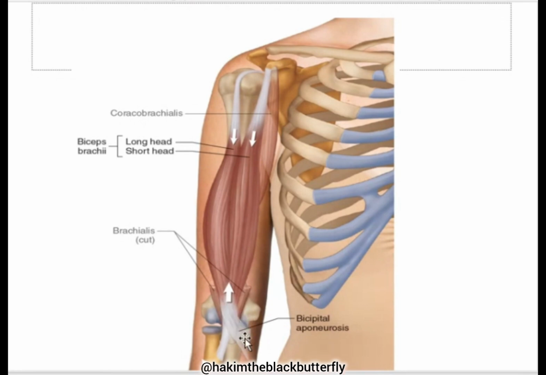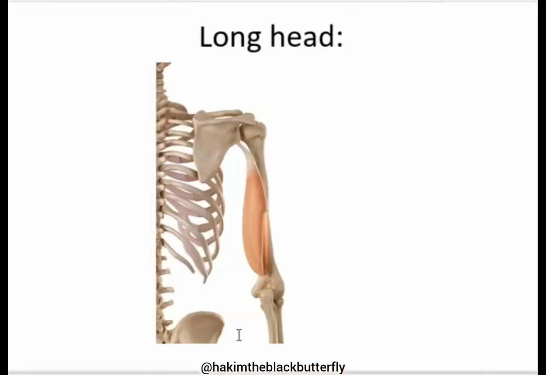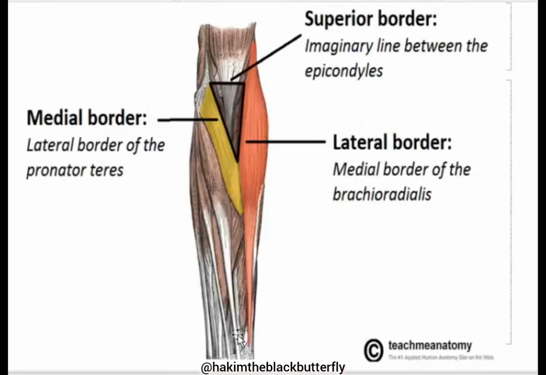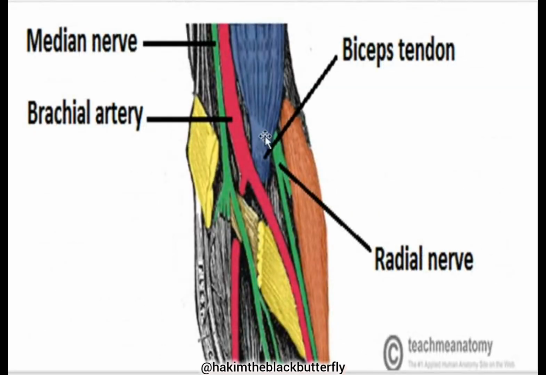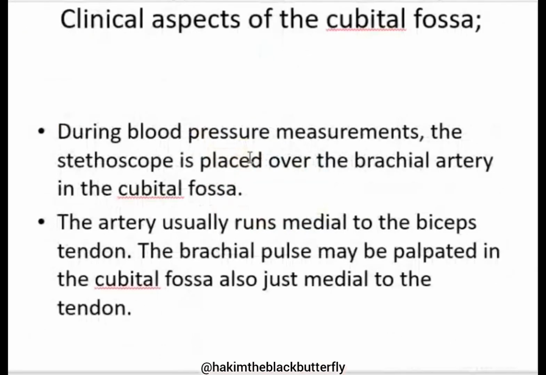So the roof of the cubital fossa is the bicipital aponeurosis, superficial fascia, and the skin. So they are only covered by the bicipital aponeurosis, superficial fascia, and skin. So any penetrating injury there can easily injure these contents of the cubital fossa.